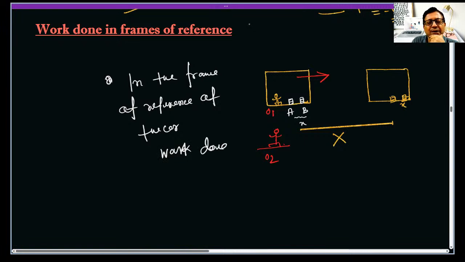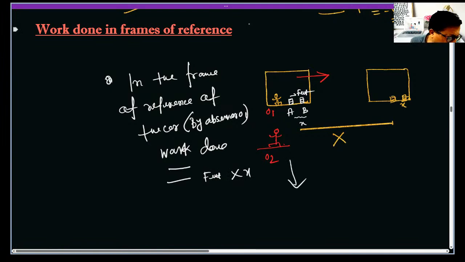work done by the observer O1, work done will be what? The external force applied, F external into x.